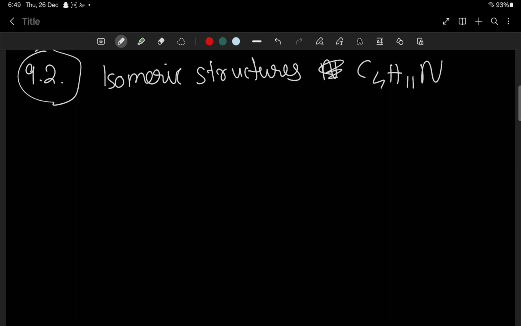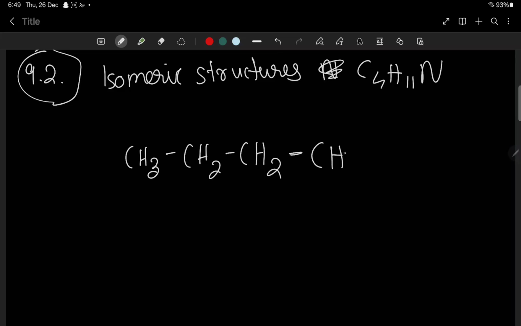That's what we have to write. We'll do it. So that is C4H11N. The first compound can be CH3, CH2, CH2, CH2, NH2. How many hydrogens are there? 1, 2, 3, 4, 5, 6, 7, 8, 9, 10, 11. So this is the first compound.